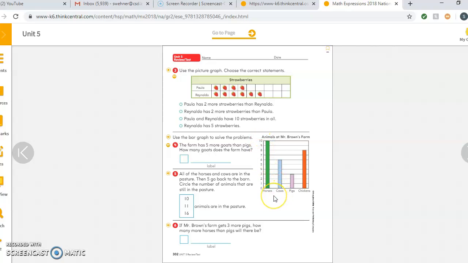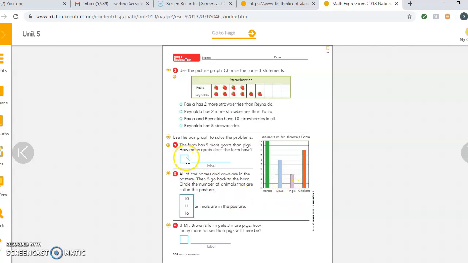I think it would be smart to do my little trick, especially for this graph where there's a lot more data or information on it. So if I were you, I'd count and see how many horses there are. Write that number at the top of this bar. How many cows? Write that total up there. Same thing with the pigs and the chickens.